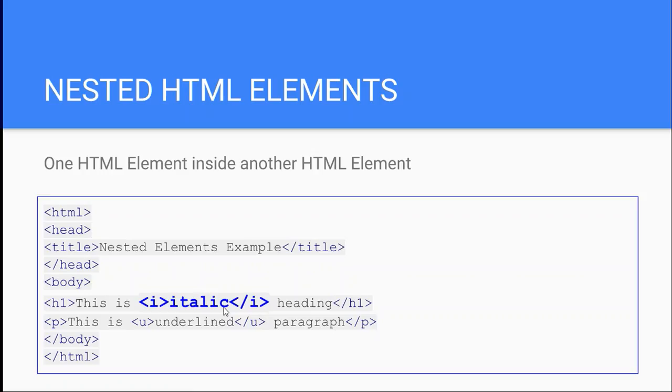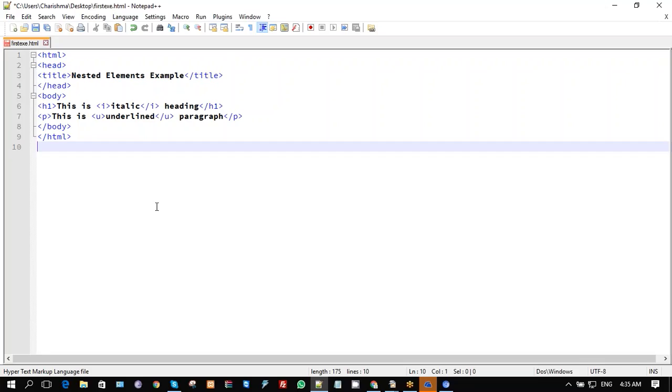So let us try this example in the notepad, and let's run it in the browser and see the result. And this is the code here. I'll explain the code again. We put this code with the title nested element example, and this title is in the head part, and then the body part starts here and ends here, and we have the H1 heading here.